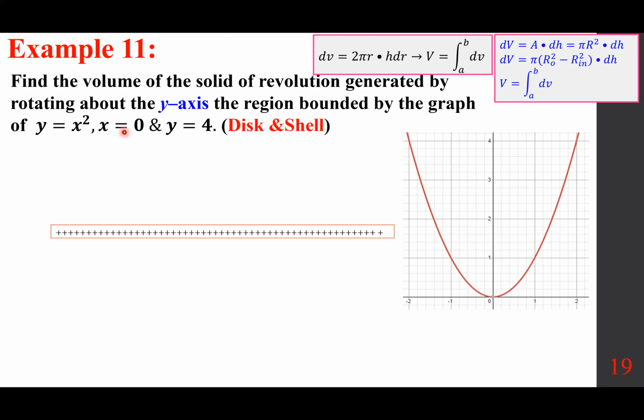X equals 0 is the y-axis. Y equals 4 is a horizontal line. And we're going to revolve this about the y-axis. So this is the region of interest.